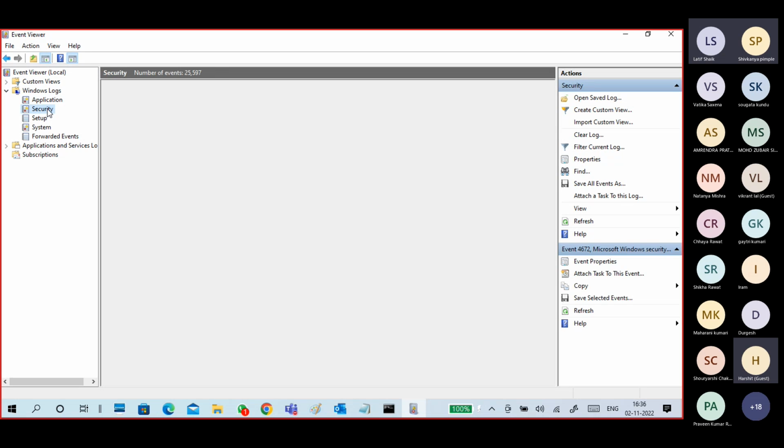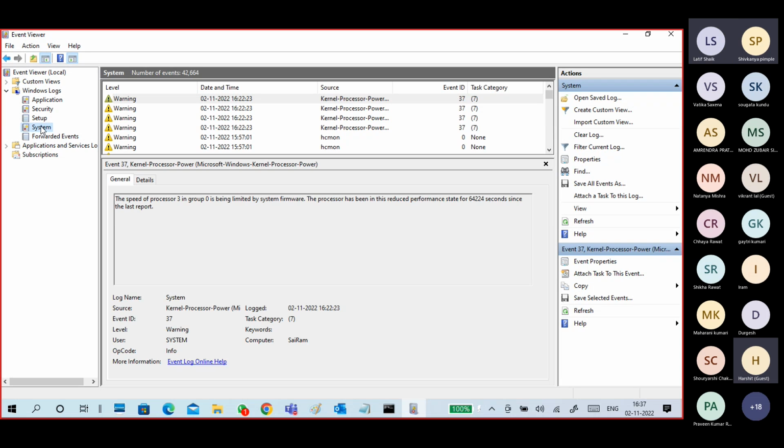Security, application, setup and system all belong to different sections of our computer. Security is generally login and logout related only, but it is not displaying anything. Setup is more about installation of applications and configurations.